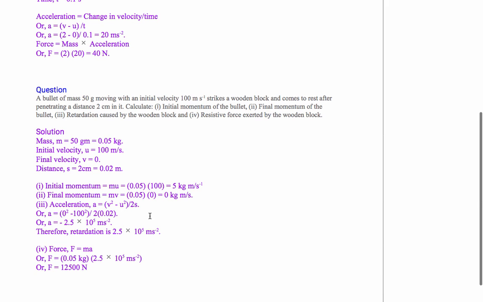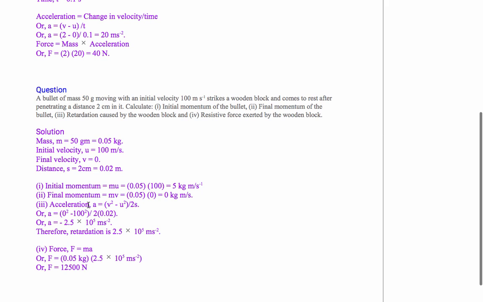So this is the initial momentum. Next, we have to find the final momentum. What is the formula? Mass into final velocity. Since final velocity is itself 0, and any value multiplied with 0 gives 0, the final momentum straight away comes out 0 kg meter per second. Even if you write just 0, it's correct, because with 0, whatever unit is written doesn't matter.